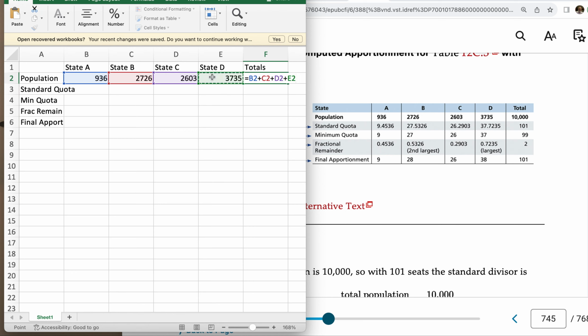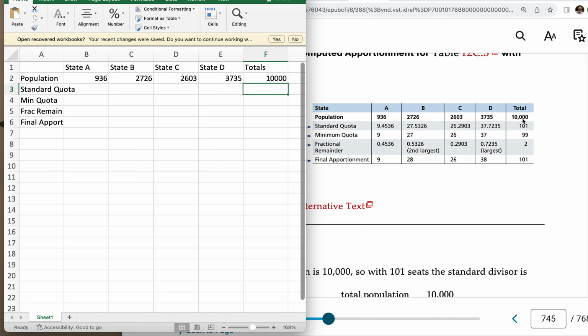So I just click on the cell and it puts its address, E2 or D2 or C2, and that gives me the total.